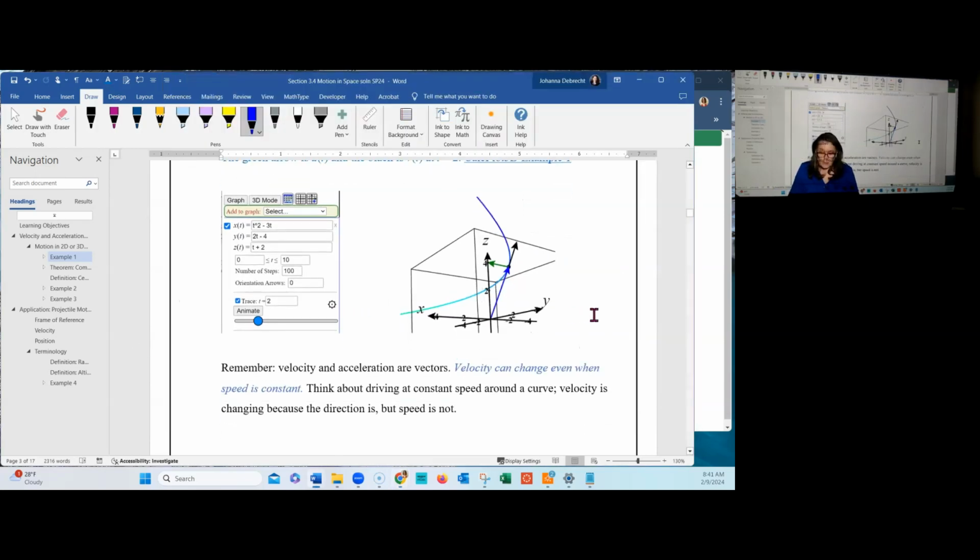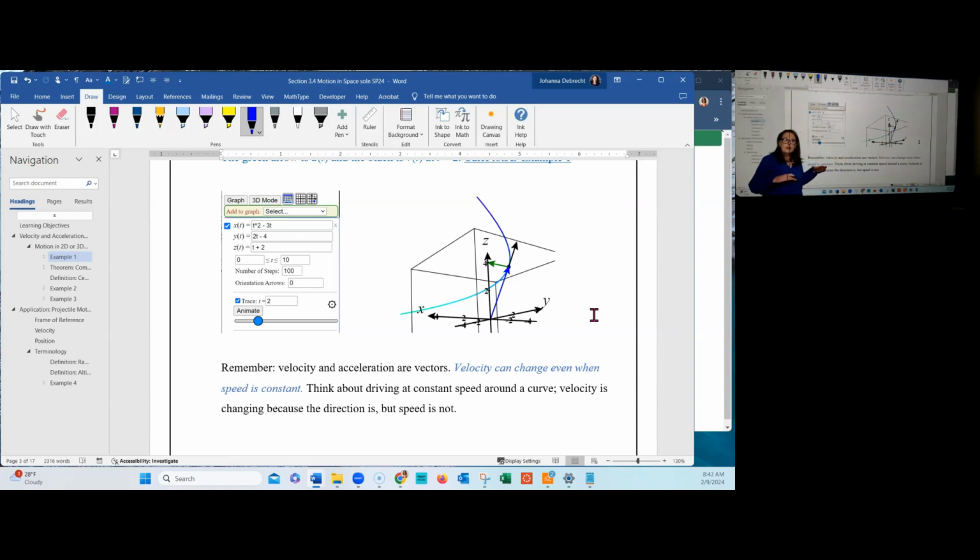All right, remember that velocity and acceleration are vectors. We studied this extensively in Calculus 1, and I hope that you will remember that velocity can change even when the speed is constant. Let me say that again. Velocity can change even when the speed stays constant.